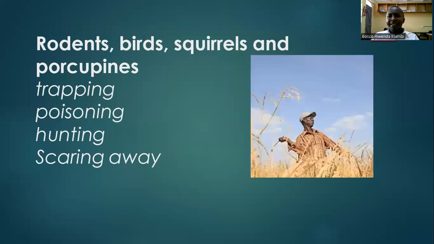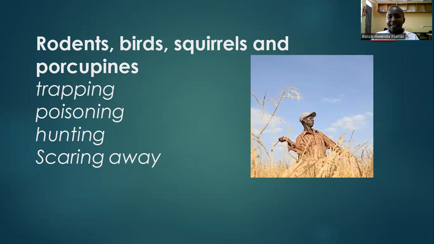We also have rodents, bats, squirrels, porcupines, especially the bats. Like in Moya, we also have the quelea, which are a menace to the rice farmers. And what you can do in such a scenario is to deal with them. You do trapping. People can also poison the rodents. They can also do hunting.